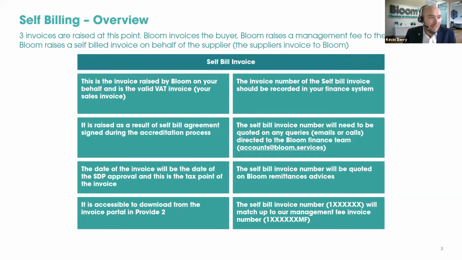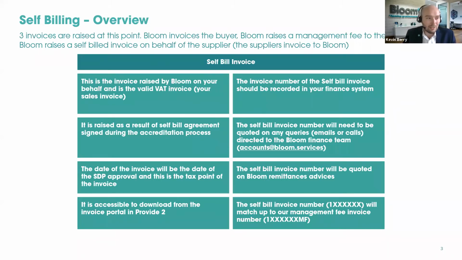So the self-bill reference really throughout this whole process is key. And ideally, in terms of best practice, that self-bill invoice reference is something that you should be taking and recording in your finance system, or at the very least have a central log where that invoice reference can be tied back to any internal references or any separate processes you have running internally to help line the two up and put them side by side.